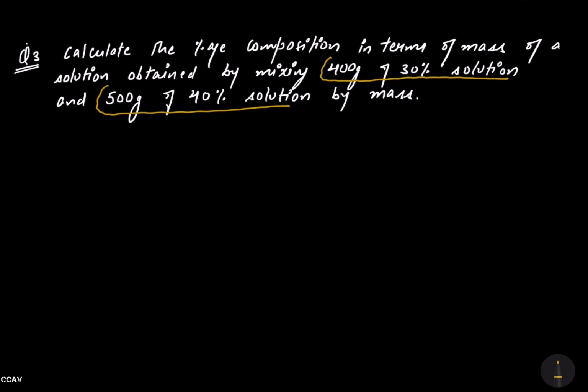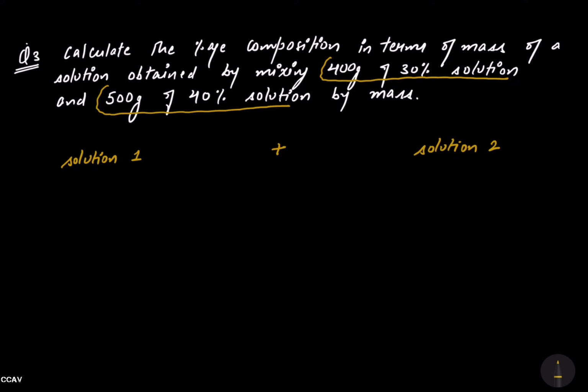Let it be solution number 1, and here I am writing solution number 2. I have to add solution number 1 and solution number 2, and then find out the final percentage of solute in the solution.